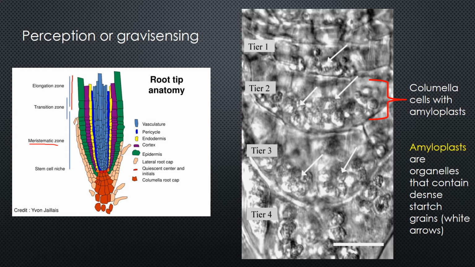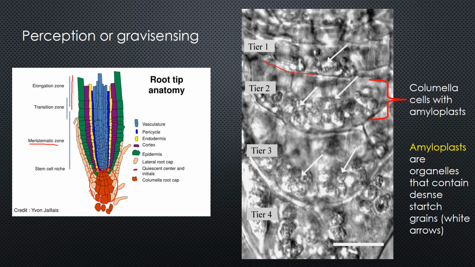But the important cells as far as the perception of gravity is concerned are these orangish rust-colored cells right here at the very tip. And these are what we call the columella cells. They're a part of the root cap. They're called columella cells because they are shaped like columns. And so this image to the right is a light micrograph of these columella cells, and this is in a plant that we call Arabidopsis, and they have 4 different tiers of these columella cells.